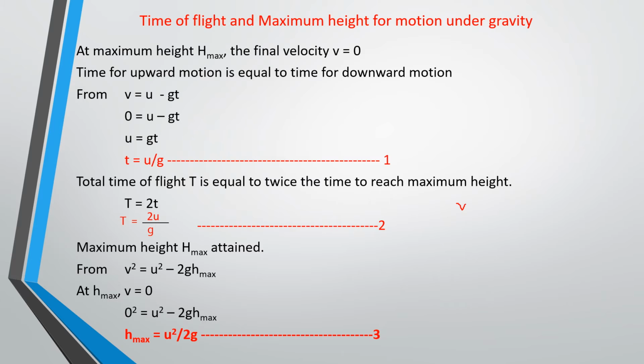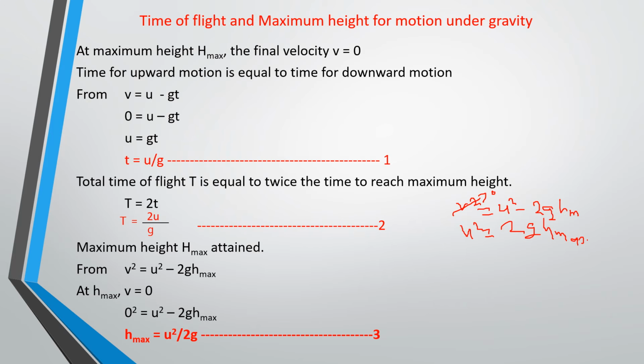The third equation of motion is v squared is equal to u squared minus 2gh max, right? At maximum height, we said that v is equal to 0. So if v is equal to 0, then it means that u squared is equal to 2gh max.